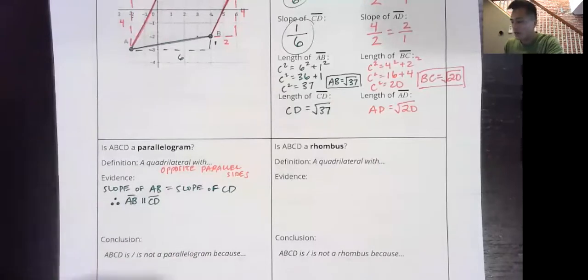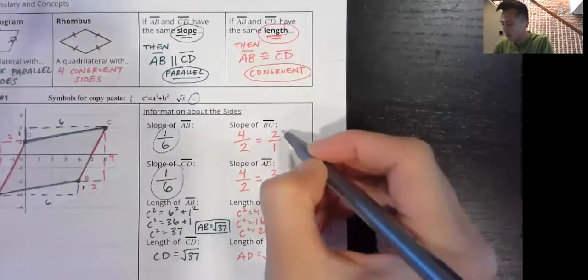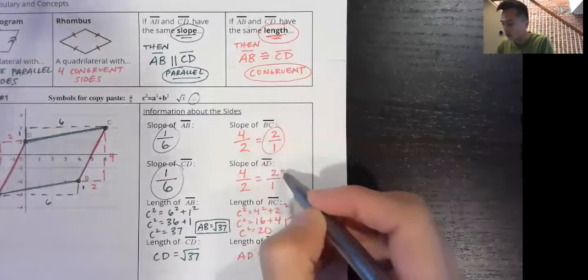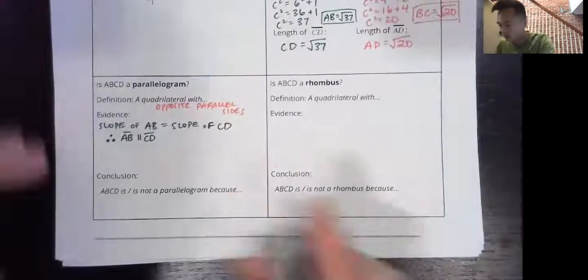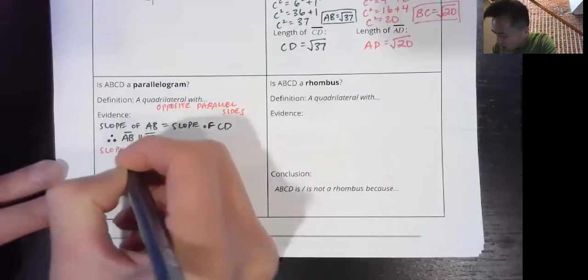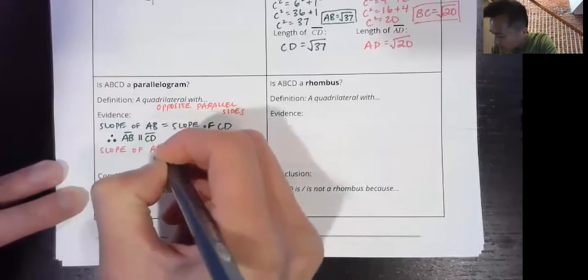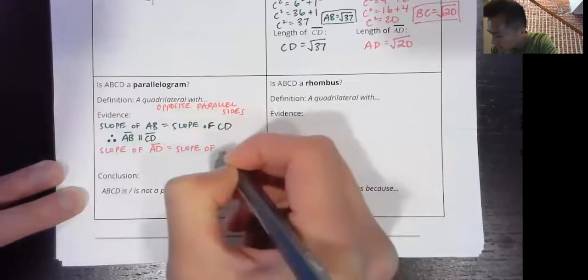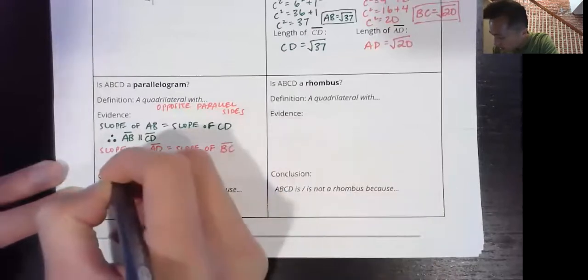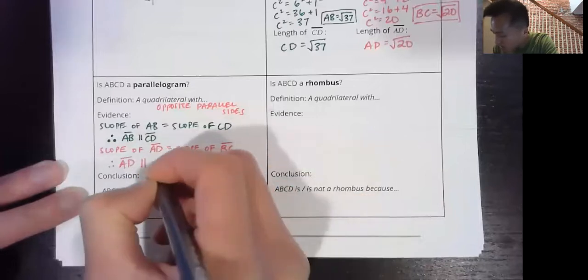I can also say that these 2 sides, side BC with that slope and side AD with this slope, right? These are the opposite sides. Those are parallel. So I can say the slope of AD is equal to the slope of BC, and therefore AD is parallel to BC.